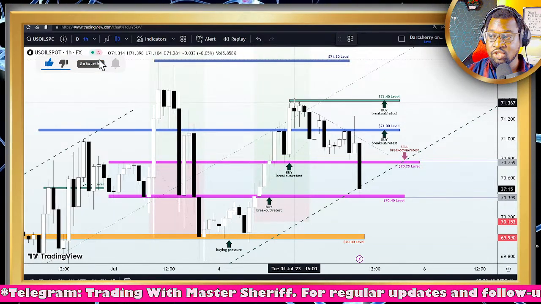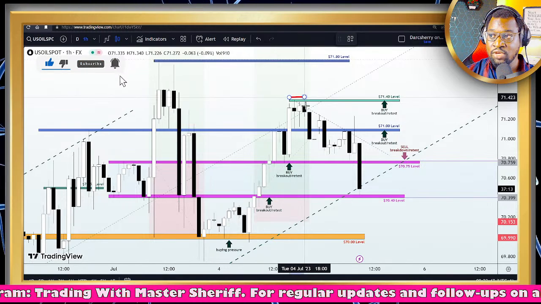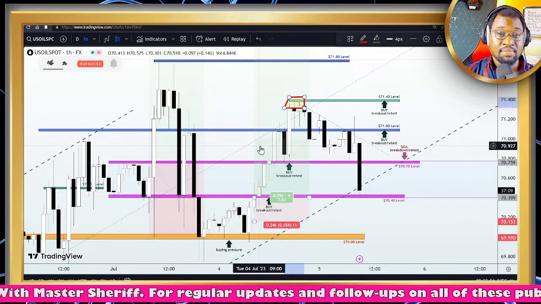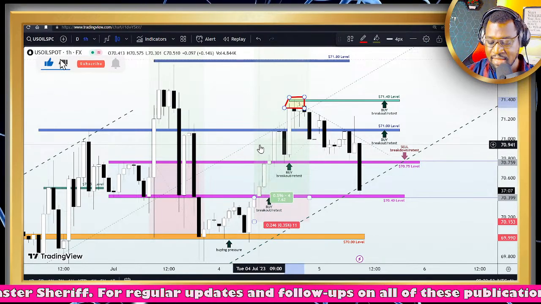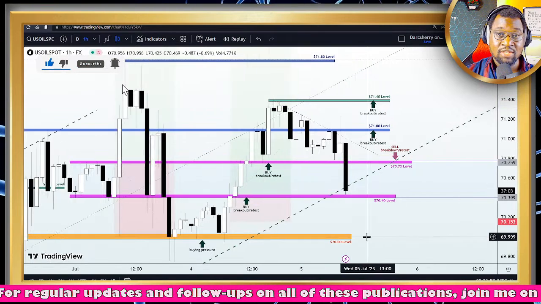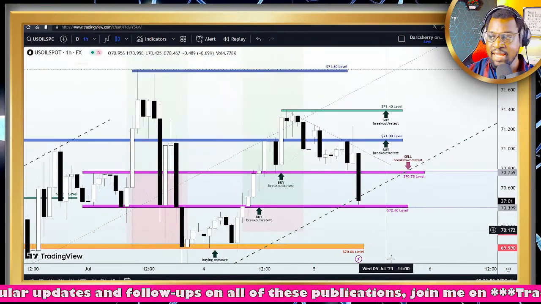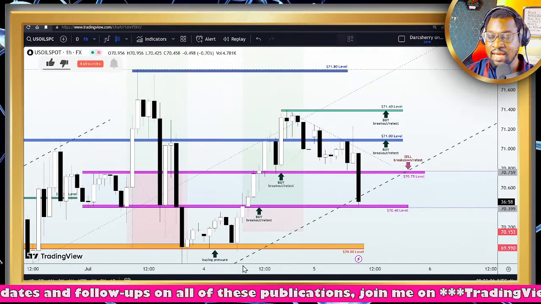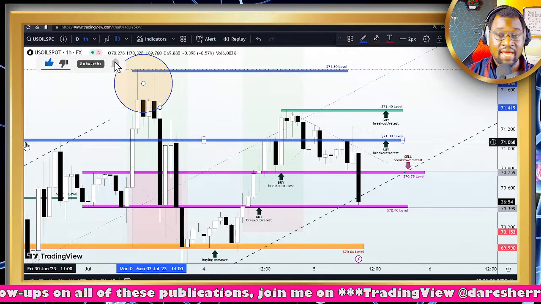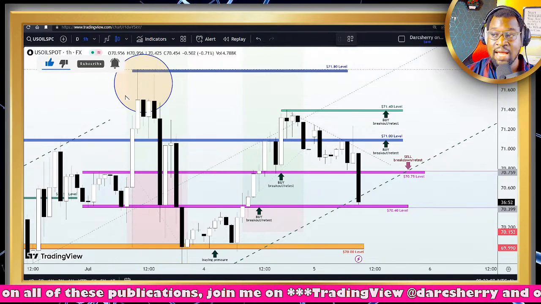We saw that as soon as price got into the zone at the $71.40 area, selling pressure resumed around that area. And one interesting thing about the structure is that price action appeared to have found a lower high. As you can see, the highest point price action got to this week is around the $70.80 level. And we saw what happened yesterday.